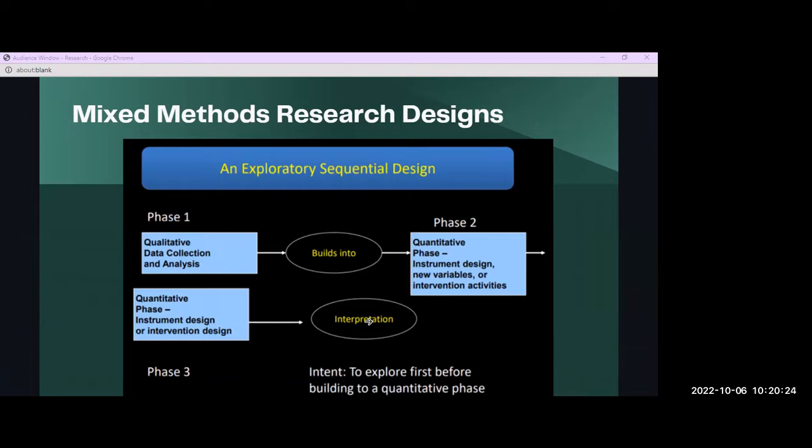So for example, if you develop a questionnaire like that, you conduct interviews first. You have to conduct interviews from different educators. You have to specify who will qualify as participants of the study. And later on, the quotes or narratives coming from the participants will be the basis in drafting the initial items of your questionnaire.